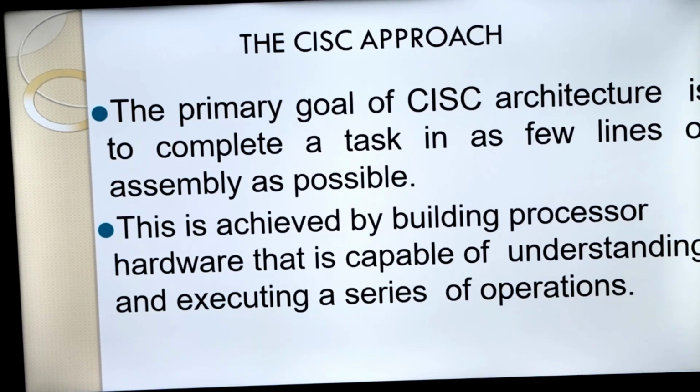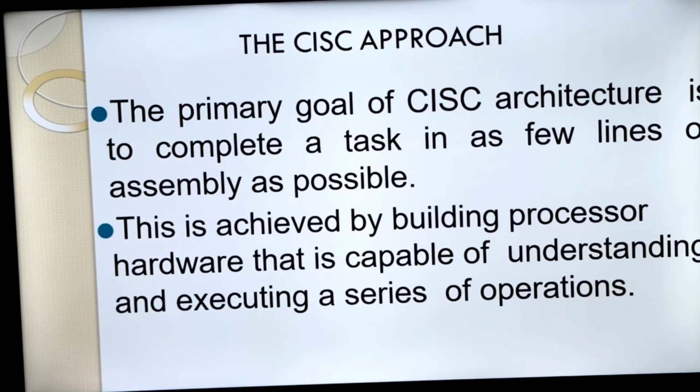It means CISC type of architecture allows you to minimize the length of your program. Whenever I say length of your program, it means the number of instructions will be less; a few instructions are sufficient to execute the program. How? We'll see with the help of some examples in the upcoming slides.